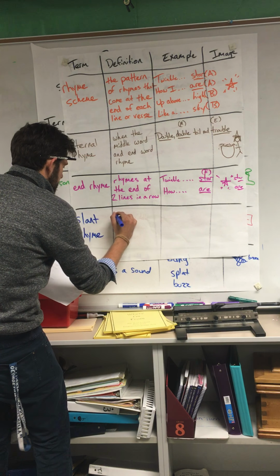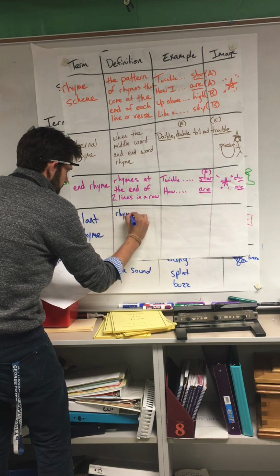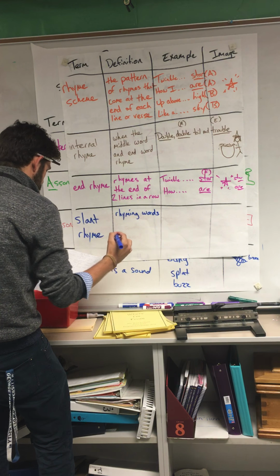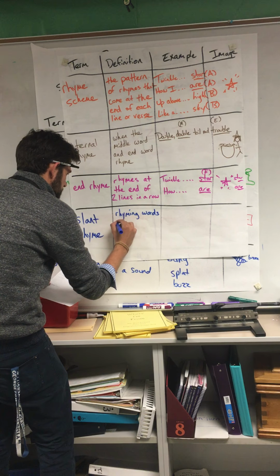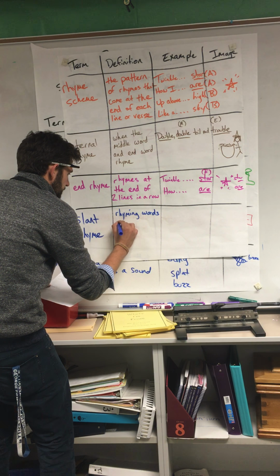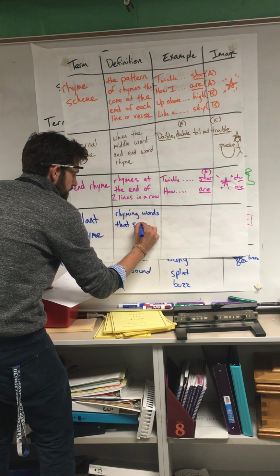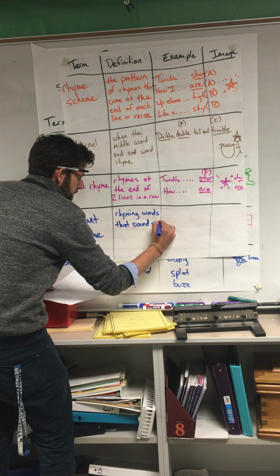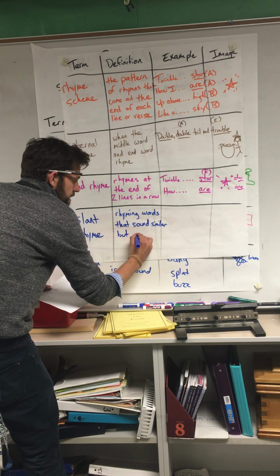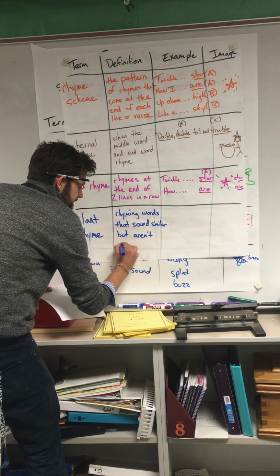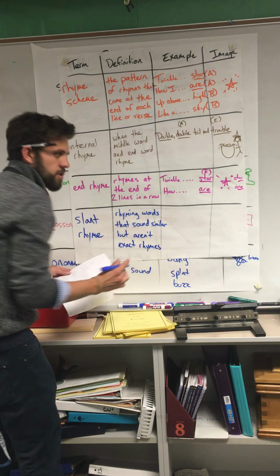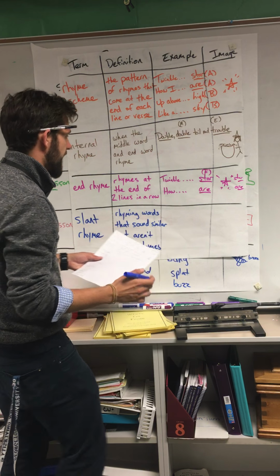So slant rhyme is words that sound similar, but aren't exact rhymes. So they sound similar, but they're not exact rhymes.